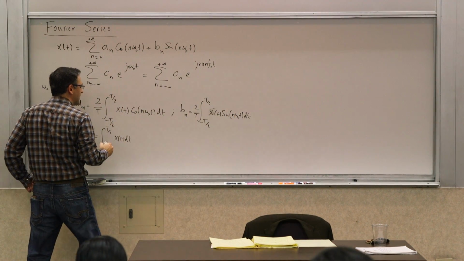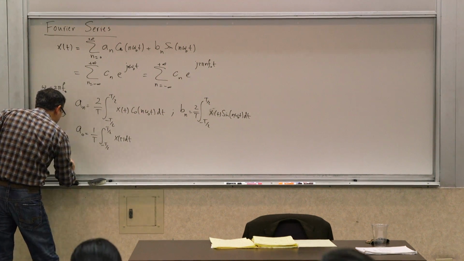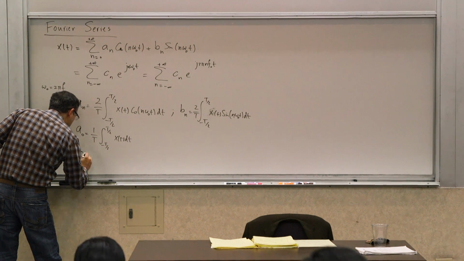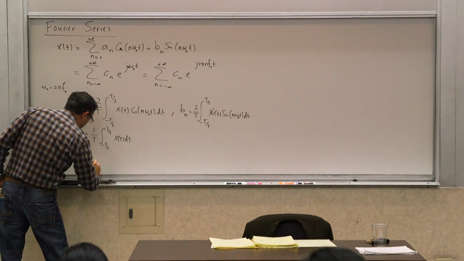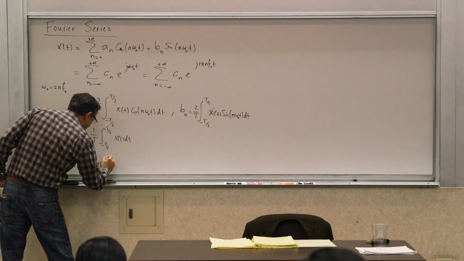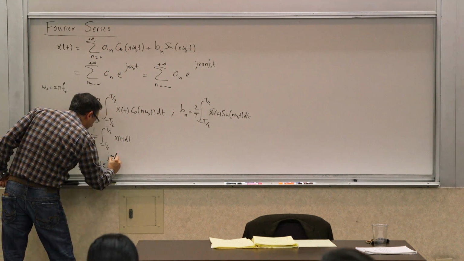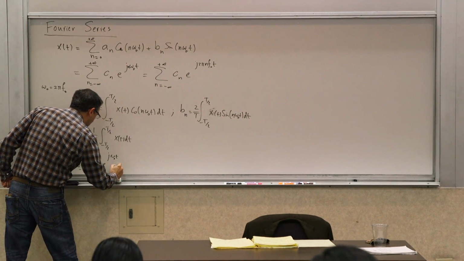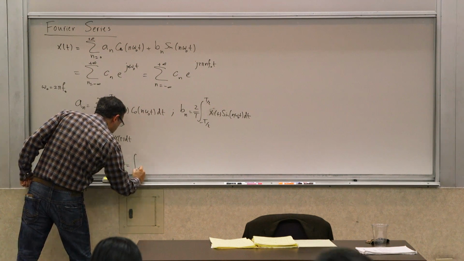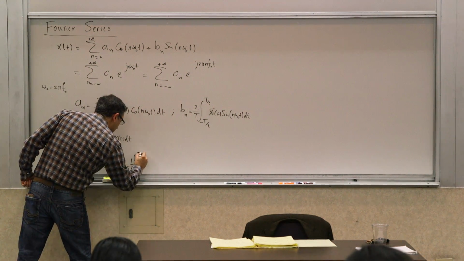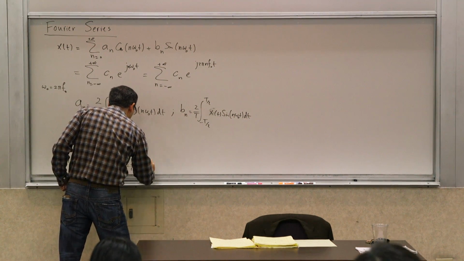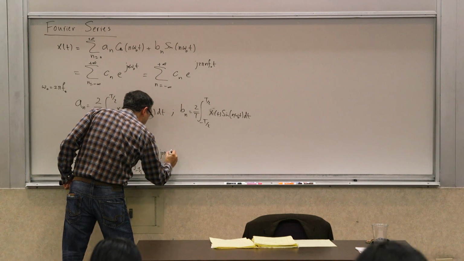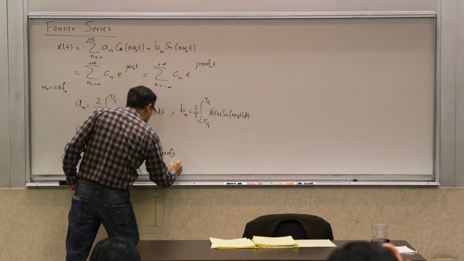And from these, we also calculated C_n, which became 1 over T, integral from negative T over 2 to T over 2 of x of t times e to the j 2 pi f naught t, or you could write it as j omega naught t, dt, which is also equal to 1 over T integral from negative T over 2 to T over 2 of x of t e to the j 2 pi n f naught t dt.